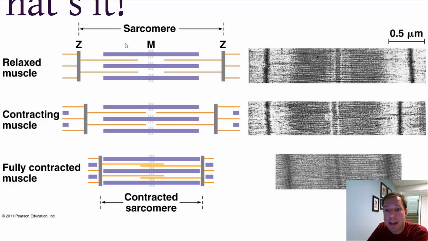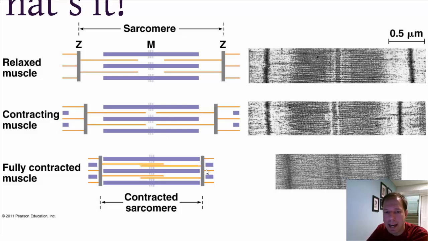Contraction is happening simultaneously on both sides of the sarcomere. So on the left side, during a contraction, myosin is going to bind to the actin, and the actin here on the left side of the sarcomere is going to move towards the center of the sarcomere, meaning that it's going to move to the right. Meanwhile, simultaneously, myosin is binding to actin on the right side of the sarcomere and pulling that towards the center, so it's going to be pulling left.